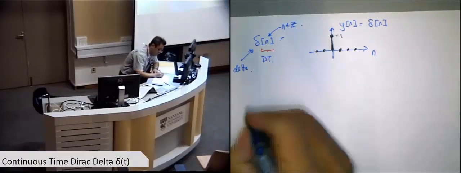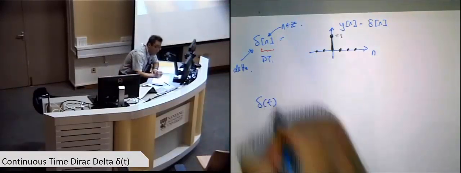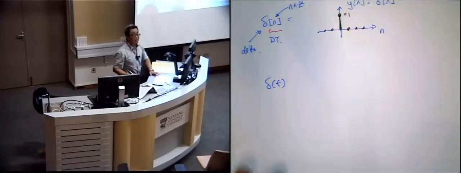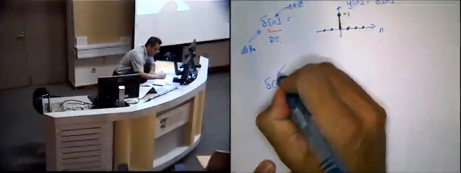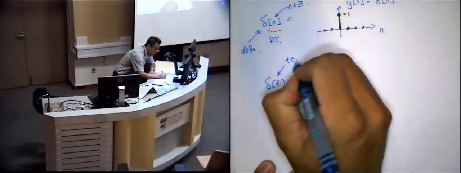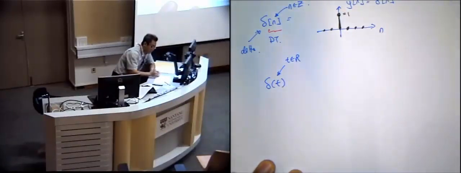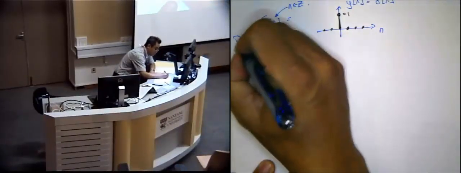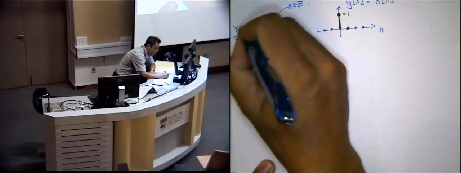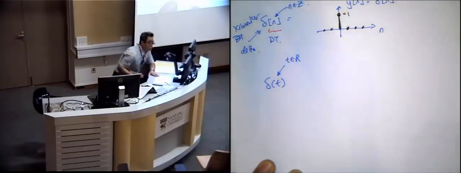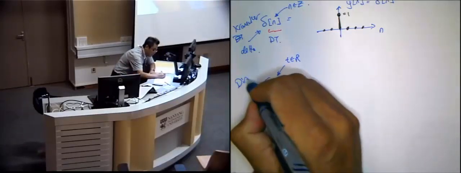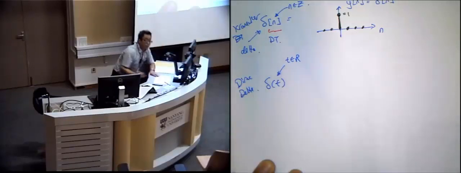Now, if you draw this one, it belongs to the reals because it's continuous time. This is no longer called the Kronecker delta, which is the one on top. This is the Dirac delta. They are cousins.